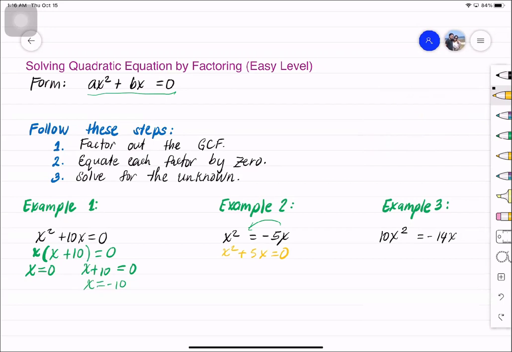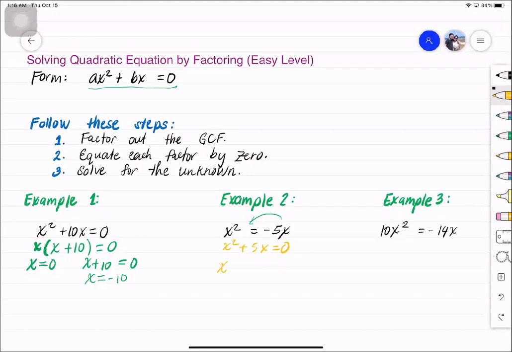To solve that, we factor out the common factor. What's common between x squared and 5x? That is x. Dividing each term by x, x squared divided by x gives x, and 5x divided by x gives 5, equals 0. So step 2, what is step 2?